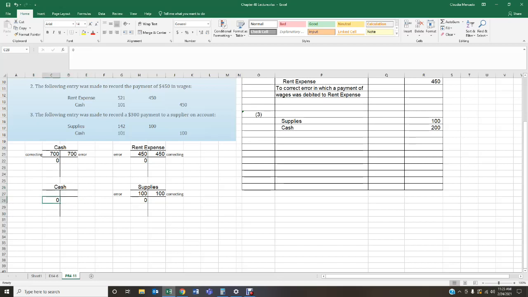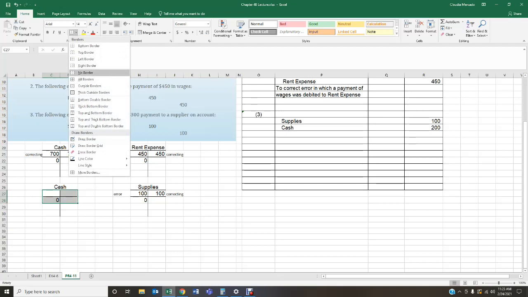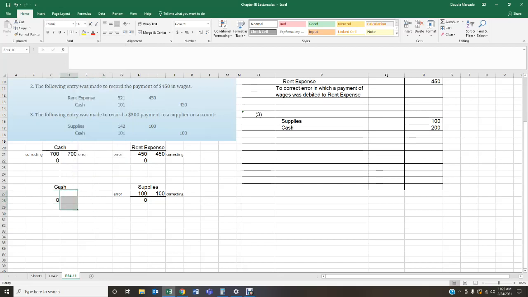In this particular case, cash got credited $100. But cash should have been credited for how much? For $300. So my correcting entry is going to be I need to credit the account an extra $200.